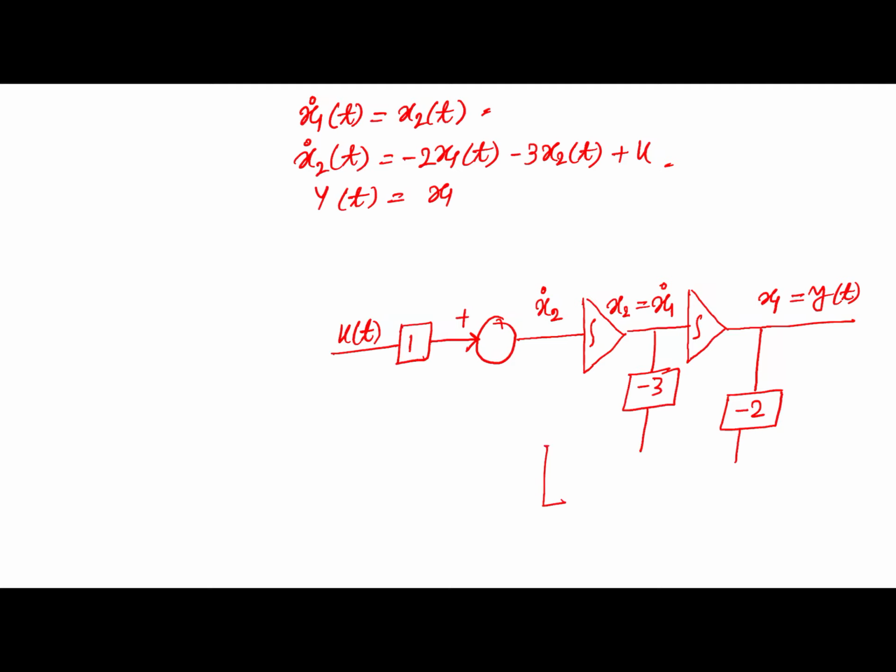Then we will add these two, that is minus 2x1 minus 3x2, and this is the second input to the summer. So x2 dot is equal to minus 2x1 minus 3x2 plus u(t). So this is the state diagram of controllable canonical form.